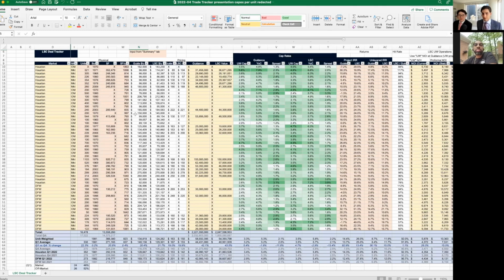Yeah, so this sheet summarizes a lot of the deals that we've underwritten, and it shows key statistics about each one. So starting from the left, what market the deal is in, whether it was in a marketed process or off market, how many units it is, what vintage it is, square feet per unit.